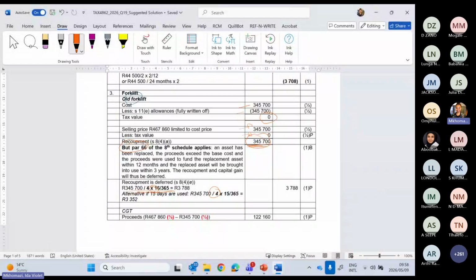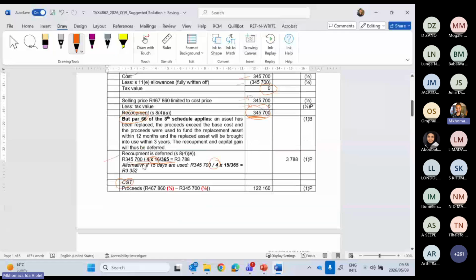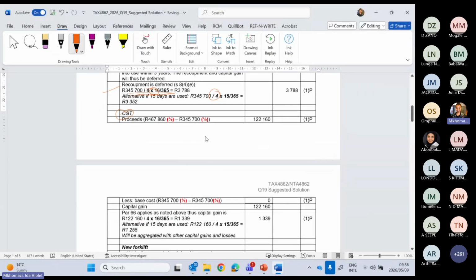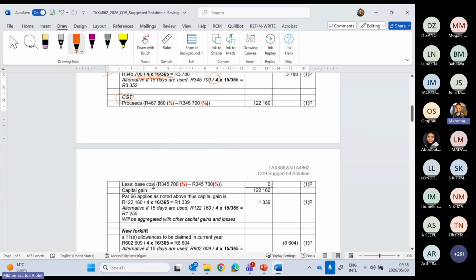Okay, so now we have determined the recoupment. CGT, you apply the normal CGT principles as you know them. Your proceeds, the 467 less the recoupment, reduce it by your base cost, and you get your capital gain. Similarly, with the capital gain, you defer it using the same period, right? What do you do with the capital gain?